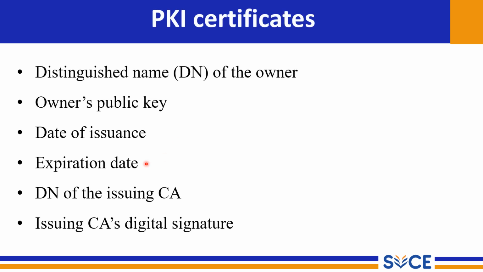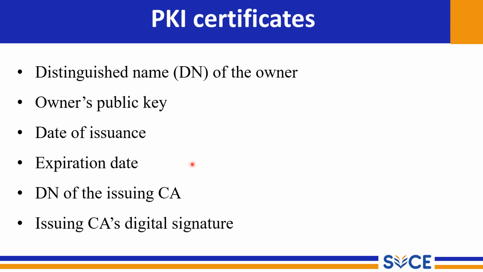Next one, PKI certificate. In PKI, the core of the public key infrastructure is that the recipient entity must know without a doubt that the sender of the digital certificate is exactly who they claim to be. The trusted third party CA can vouch for the sender and helps to prove that they are indeed who they say they are.